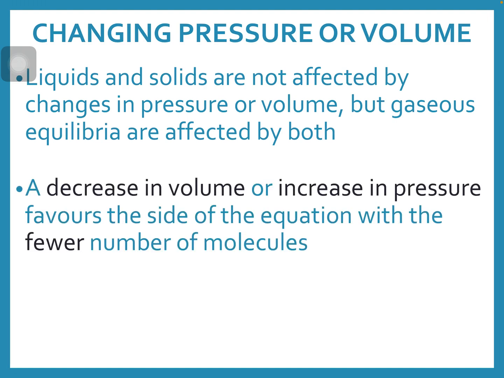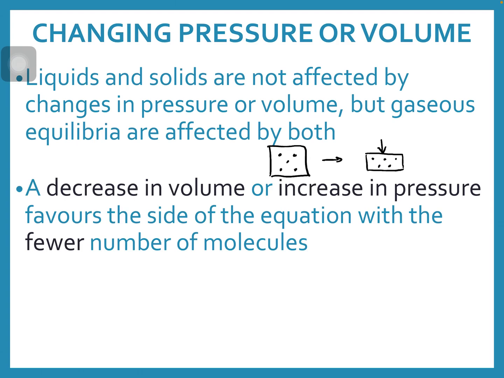So a decrease in volume or an increase in pressure is always going to favor the side of the equation that has the least amount of molecules. So if I have a certain volume to start with, and I have 5 different molecules in there, and I decrease my volume, so I'm pushing down on the top, so I'm increasing pressure, decreasing the volume.